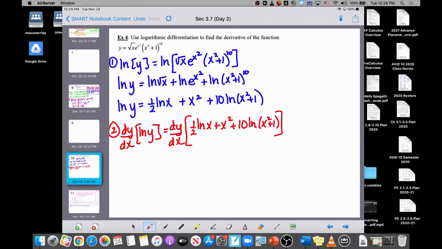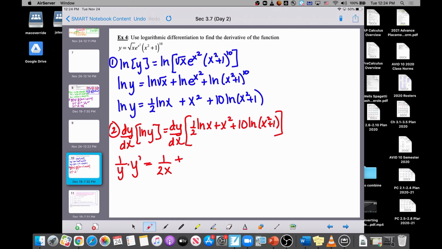We know that dy dx of ln y is going to be 1 over y times y prime. And derivative of y with respect to x of 1/2 ln x is just going to be 1 over 2. That 1 over 2 is the 1/2, and then the derivative of ln x is just 1 over x. So I end up with 1 over 2x.